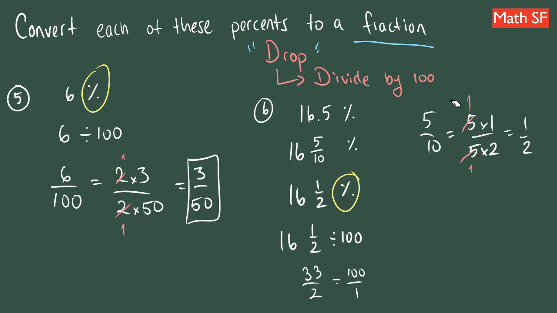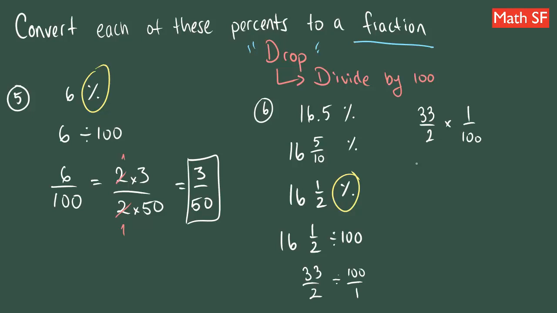Now let's do this long division here on the side. So to divide that, I have to change the division into a multiplication statement. So times 1 over 100.